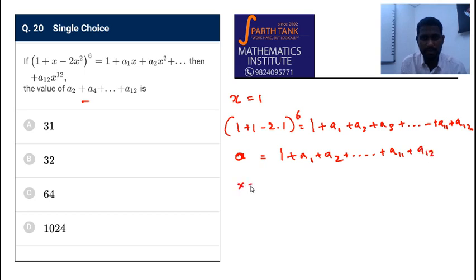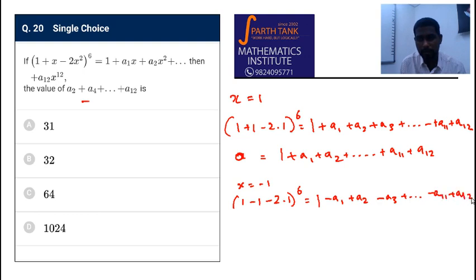Now if I take x is minus 1, this becomes (1 minus 1 minus 2 into 1) the whole power 6, and the right hand side will become 1 minus a1 because a1 into minus 1, but plus a2 minus a3 and so on. All the odd power terms will be minus and even power terms will be plus. So what will be the value of this? 1 minus 1 minus 2 is minus 2.